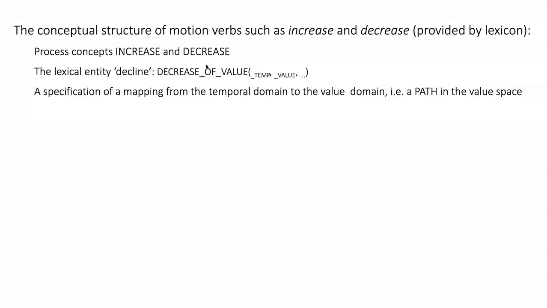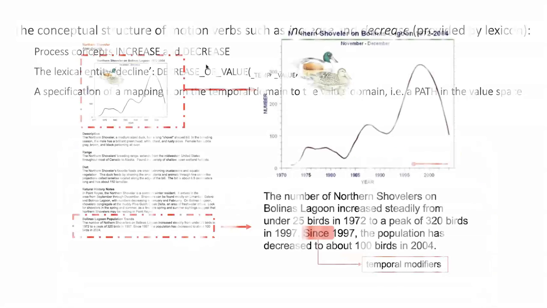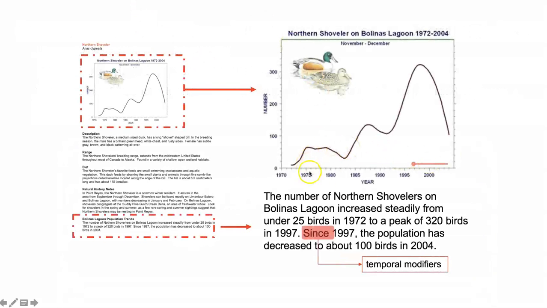Then I think about the mapping, or let's say I think about graphs as mappings from the temporal domain to the value domain. Actually, I'm talking about the path in the value space. It may be a bit difficult to understand, but what I mean here is this. This is a mapping between time and a value in the domain, isn't it? So this is a path.